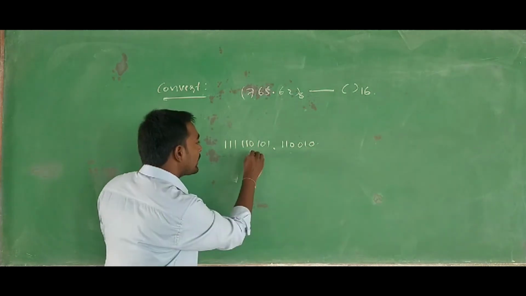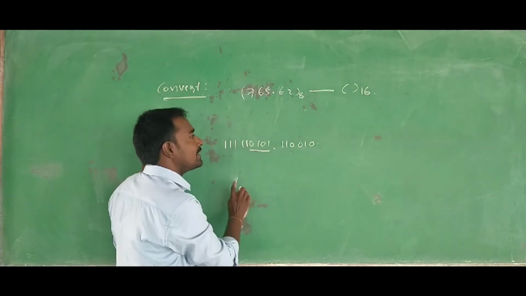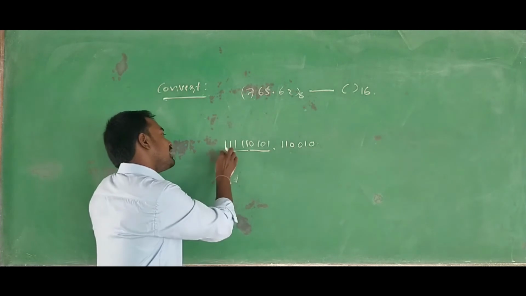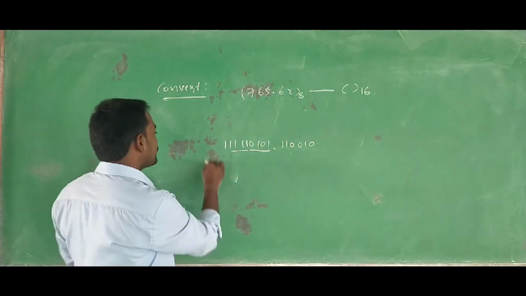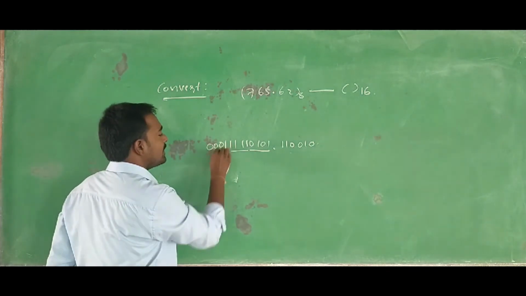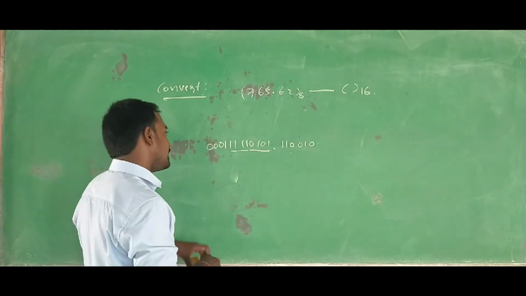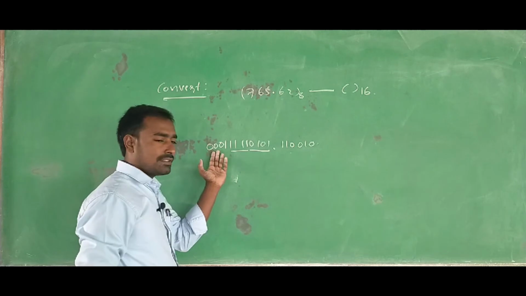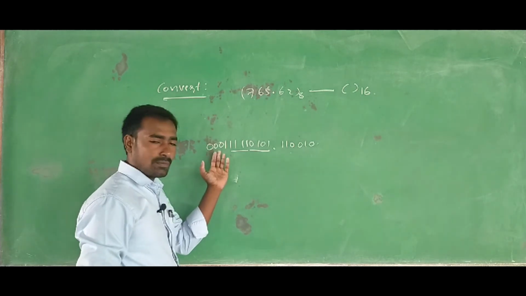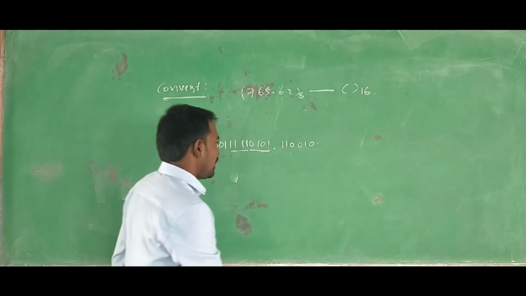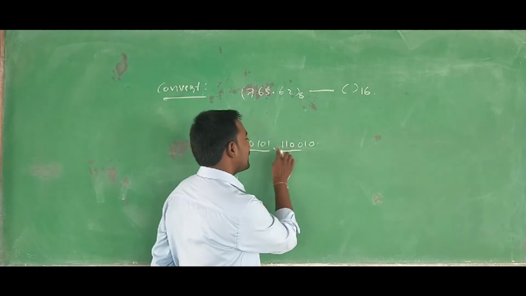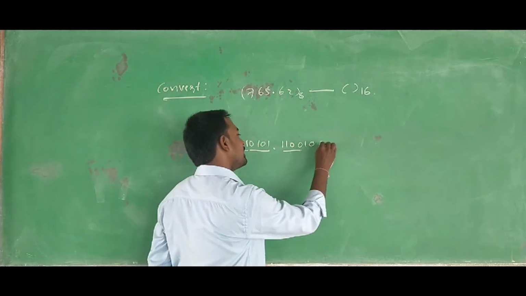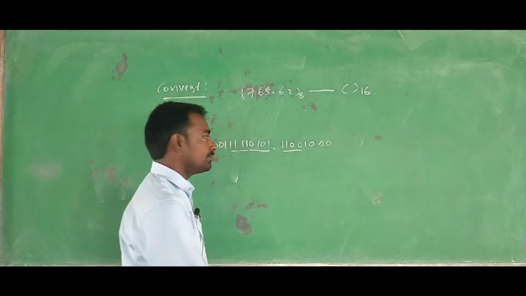We have to take 4 digits for the hexadecimal, and the leading 1 is single, so we have to insert 3 zeros in front of it. When we add these 3 zeros, the value will not change. After the fraction point, I am taking 1100, and we can add 2 zeros.